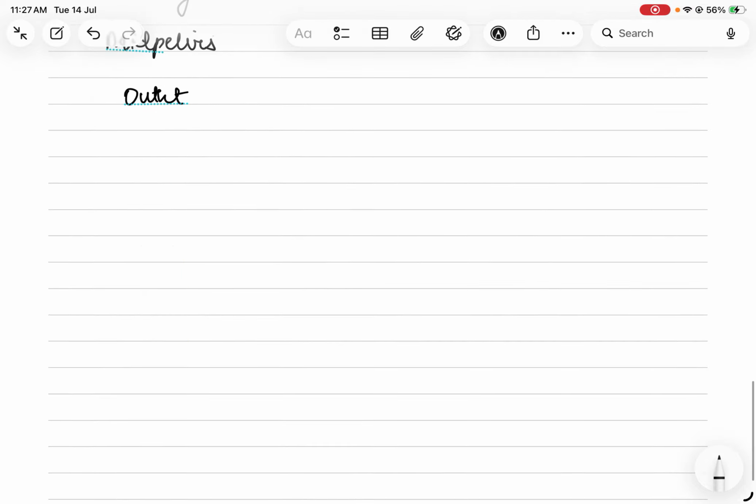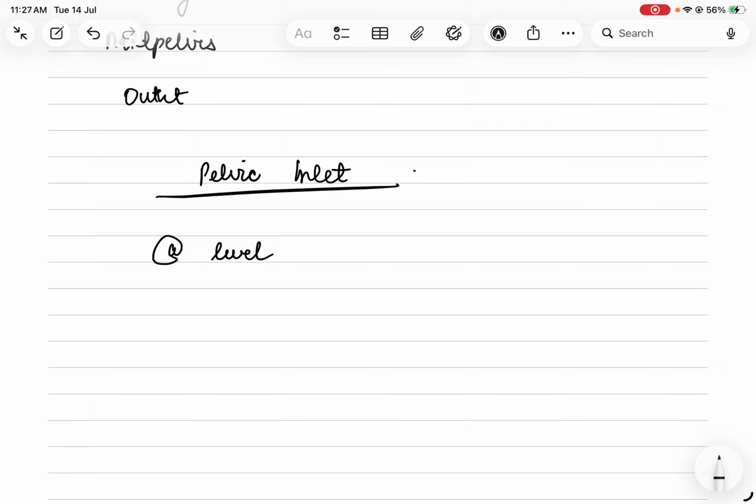Now the pelvic inlet. Pelvic inlet is at the level of pelvic brim.